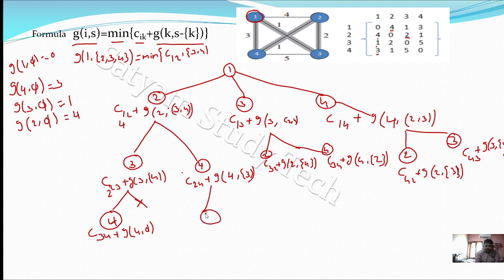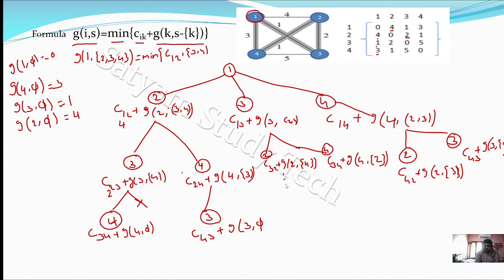You can reach to 3. That means C of 4 3 plus G of here 3 comma pi. You can reach the starting vertex.